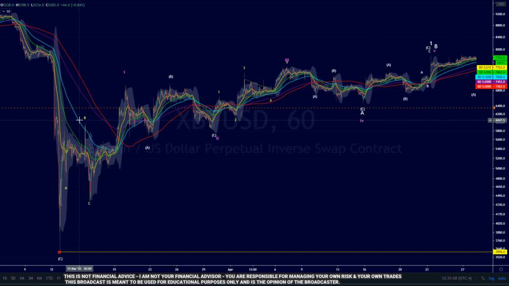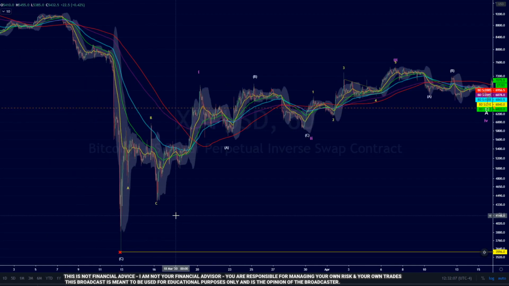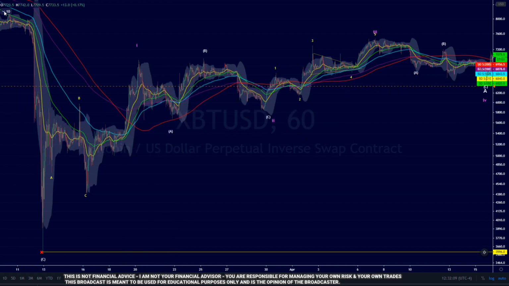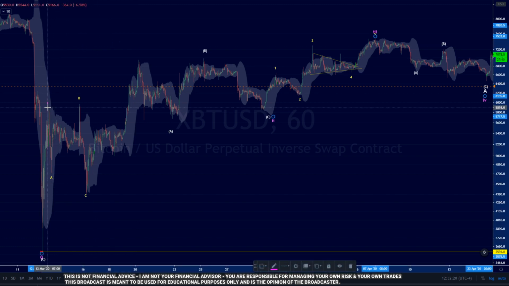We've been kind of ignoring this, looking at this as an A, B, C expanded flat, which I think is probably valid. I'm going to move back to that being the case. I'm going to remove my moving averages just for clarity, to clean this up a little bit. And I'm going to move this back here. This, I believe, is our one wave.